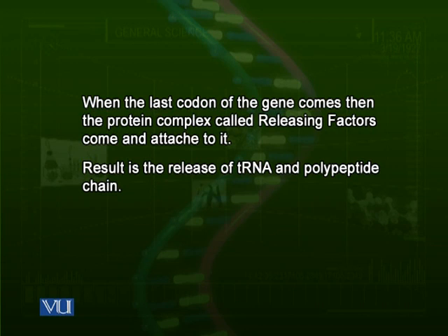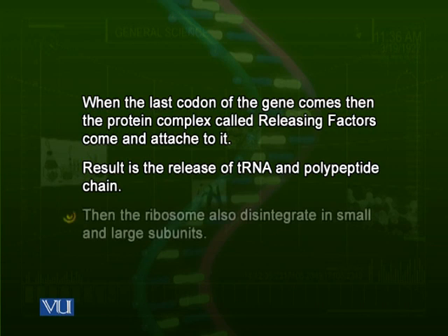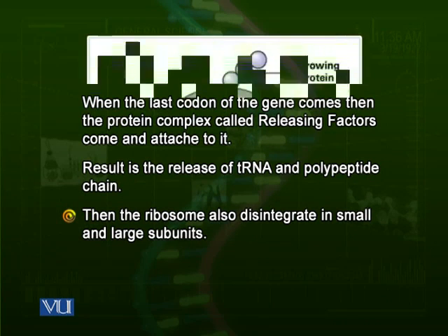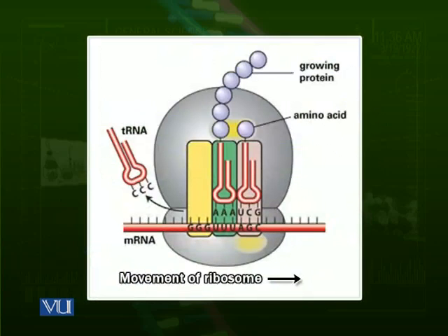The transfer RNA is also released, the ribosomal subunits separate, and the messenger RNA is released from the ribosome. This is how the process of translation completes. So in initiation, the small ribosomal subunit attaches to the messenger RNA, then the large ribosomal unit attaches.